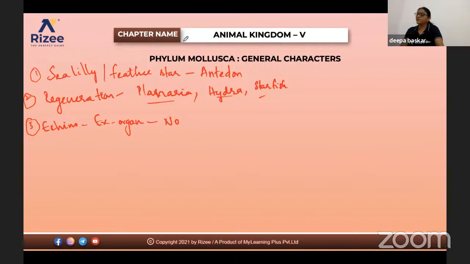So next question, the distinctive feature of echinoderm is the presence of endoskeleton of calcareous ossicles, absence of excretory system, presence of water vascular system. See, I told you that few are having external and few are having internal, correct? So here calcareous ossicles correct, excretory organs absent correct, and water vascular system is present. All of the above is the right answer.